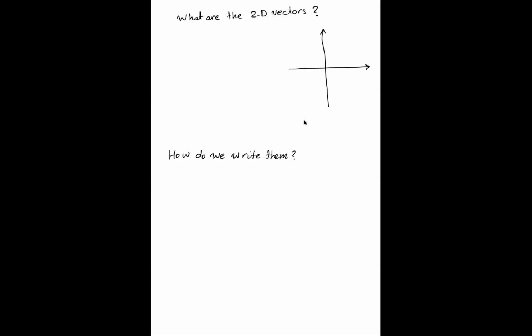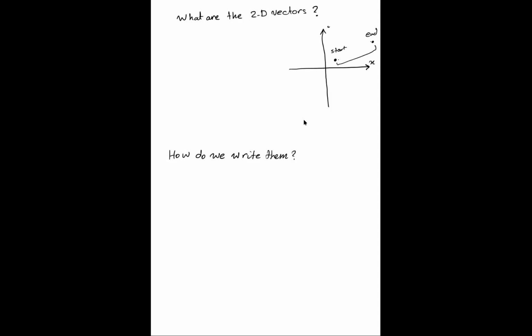For example, let's say we have an object that is right here. That's the starting point. And it's moving to another point, that's the ending point. And we can notice that the motion from here to here is not one-dimensional motion. It moved in 2 dimensions.